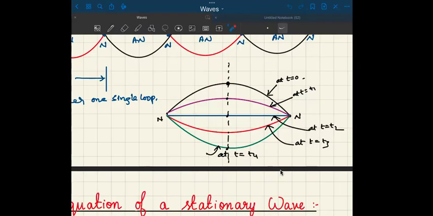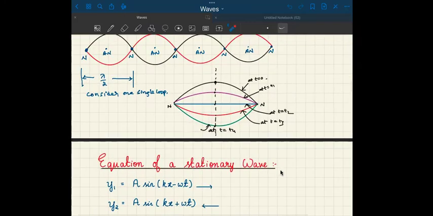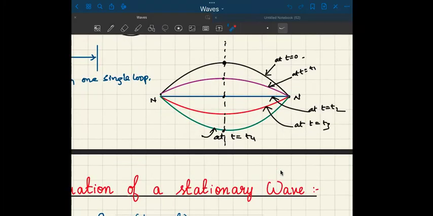After T by 4, again it comes to this position. So what you will see is a loop type of arrangement. Do you get the point? This is what we will see in a loop actually.